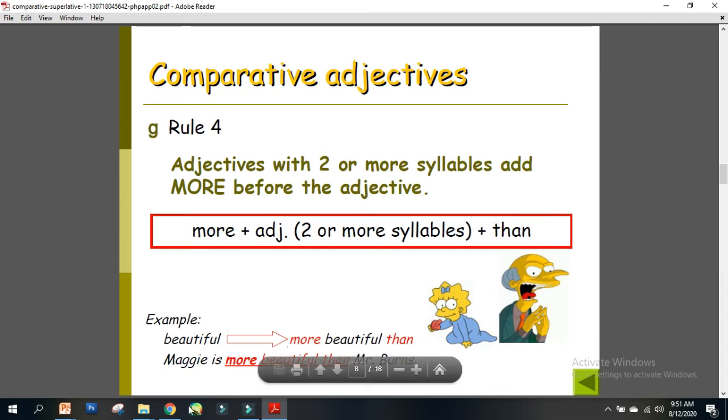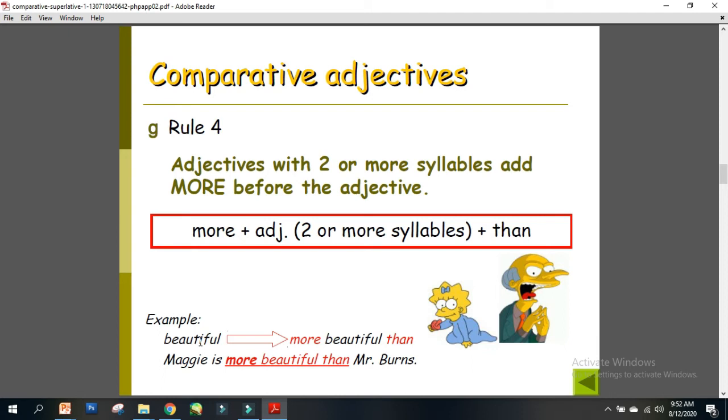Here is the example: beautiful. How many syllables? B-U-T-ful. We have 4 syllables. Because the rule says that if you have two or more syllables, you have to add more before the adjective, the example is more beautiful than.